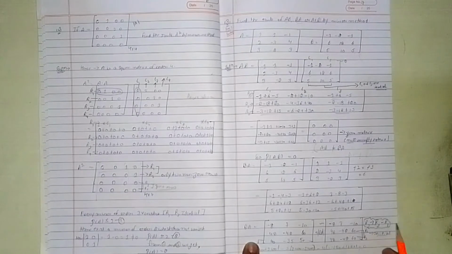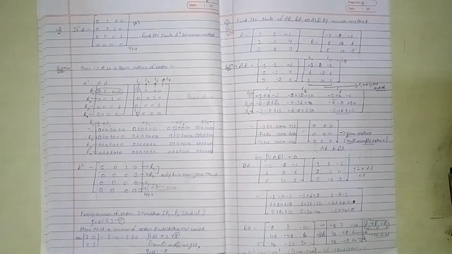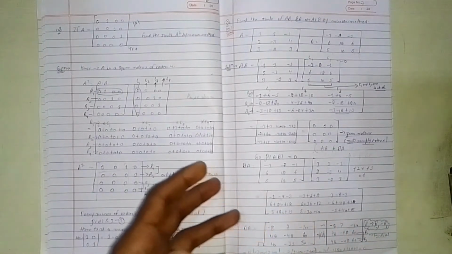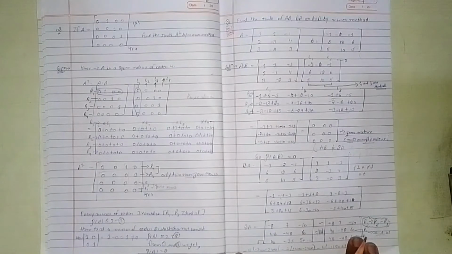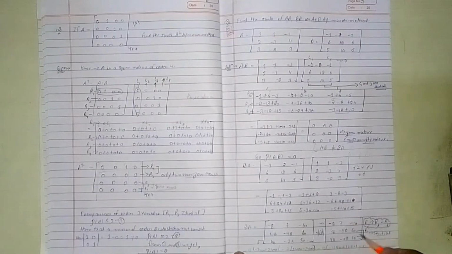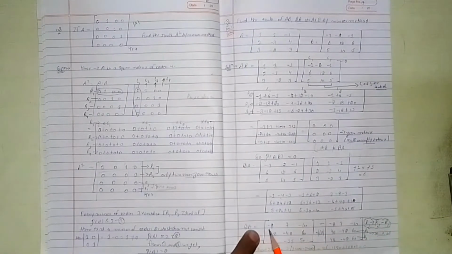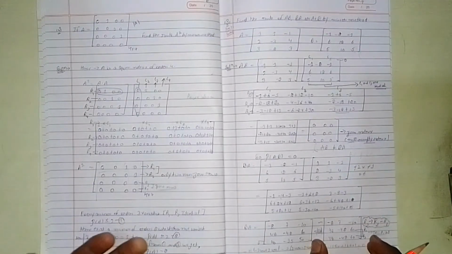Here I am using row operation. Row operation is used in your reference book, but we have to do this by the minor method. If you use row operation, you will solve it easily. This is your row 1, this is row 2, row 3. If you subtract R1 from R3, you get the same row as row 2, meaning identical rows, and then you know your determinant is 0.